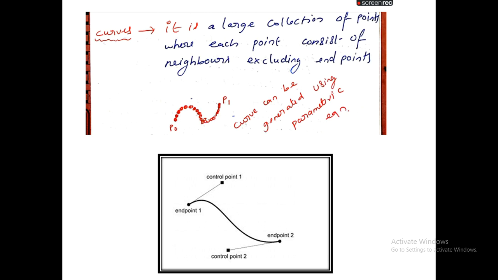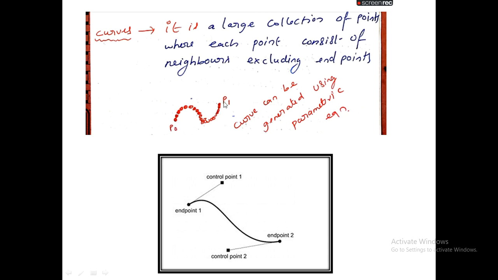But we selected the pixels to create this curve in such a way that we have two types of pixels here. The first and last pixels are one type of pixels. P0 is the first pixel, P1 is the last pixel, or I can say P0 is the first endpoint, P1 is the last endpoint.